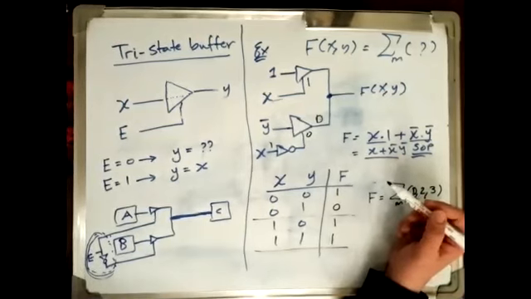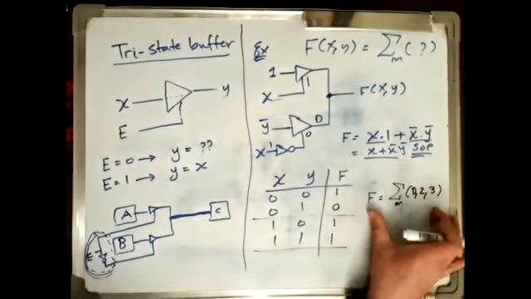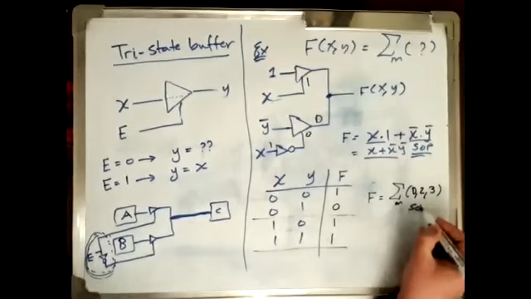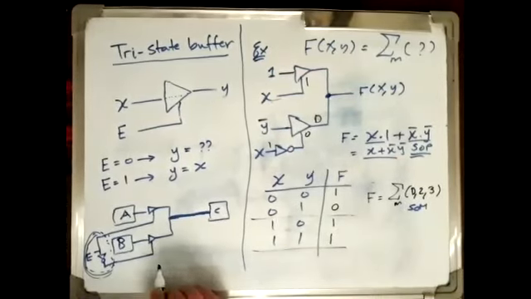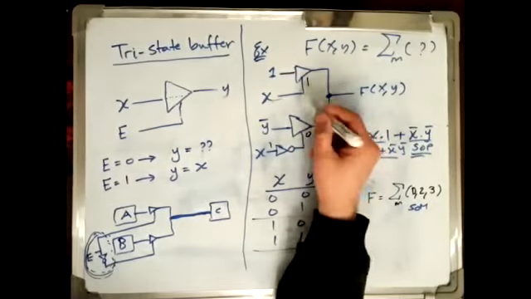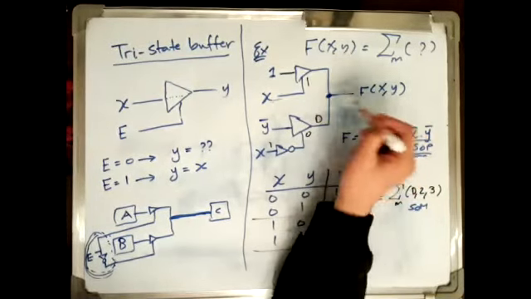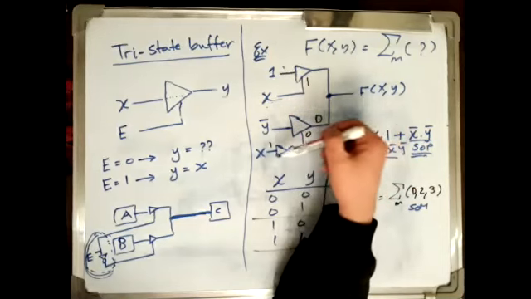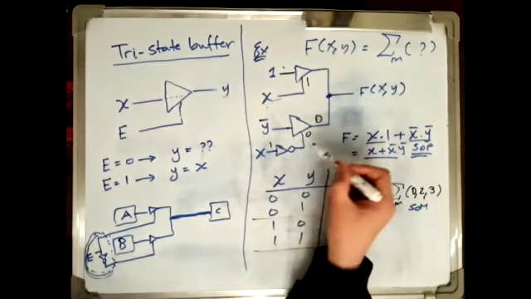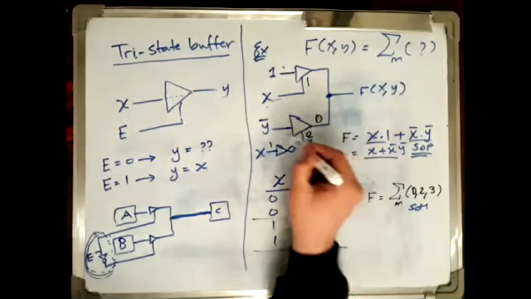So you can do it like this, which is a sum of minterms in this case, or you can read it directly as a sum of product. You say F is simply X and 1, or it is simply X bar and Y bar.